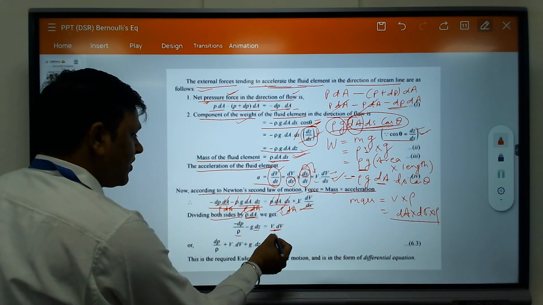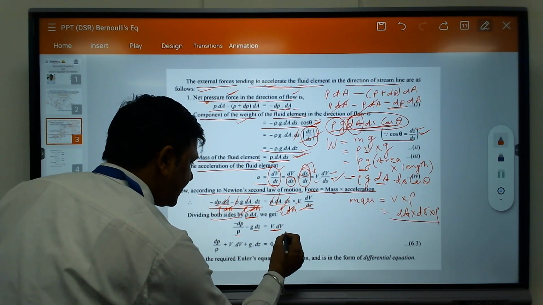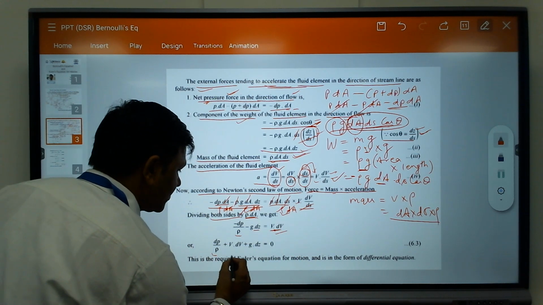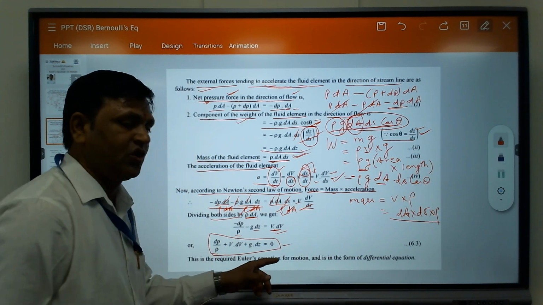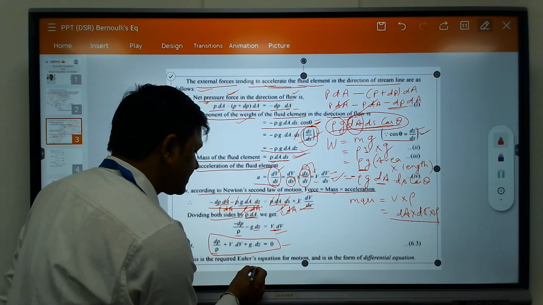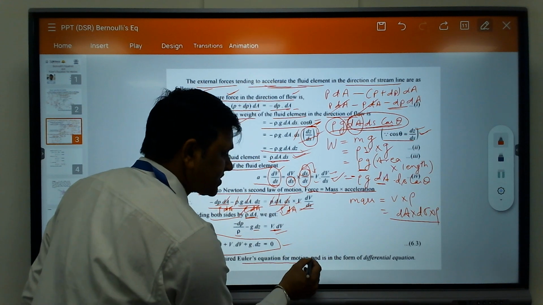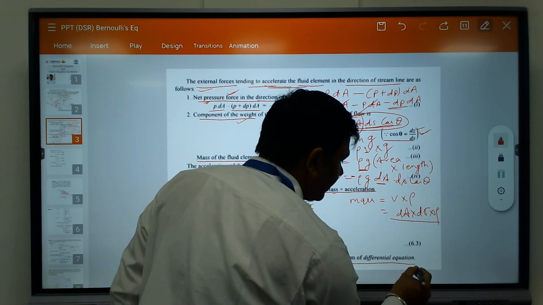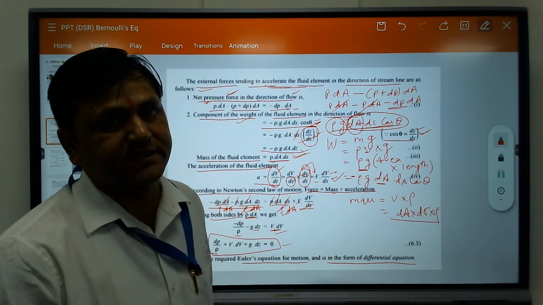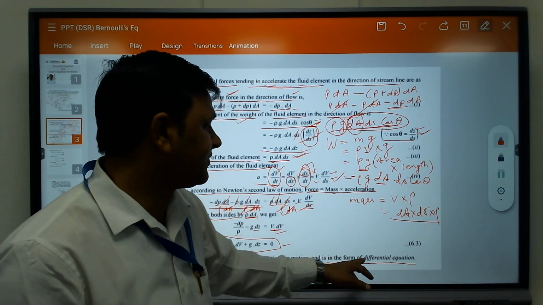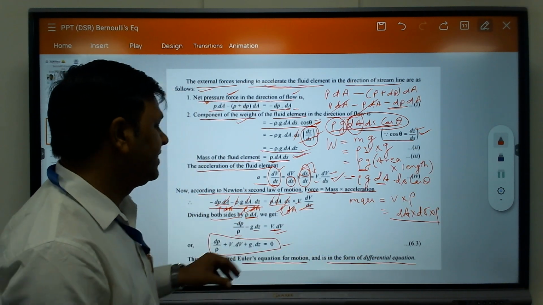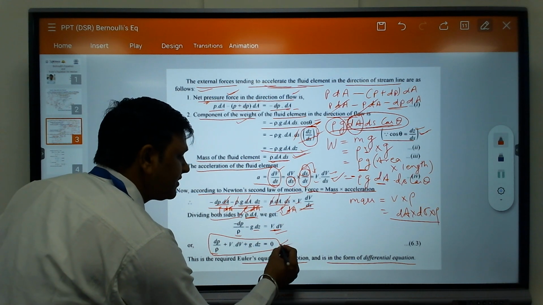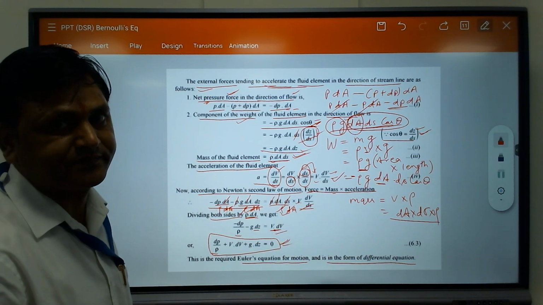By rearranging, this equation is known as Euler's equation of motion, in the form of a differential equation. This is the derived Euler's equation of motion.